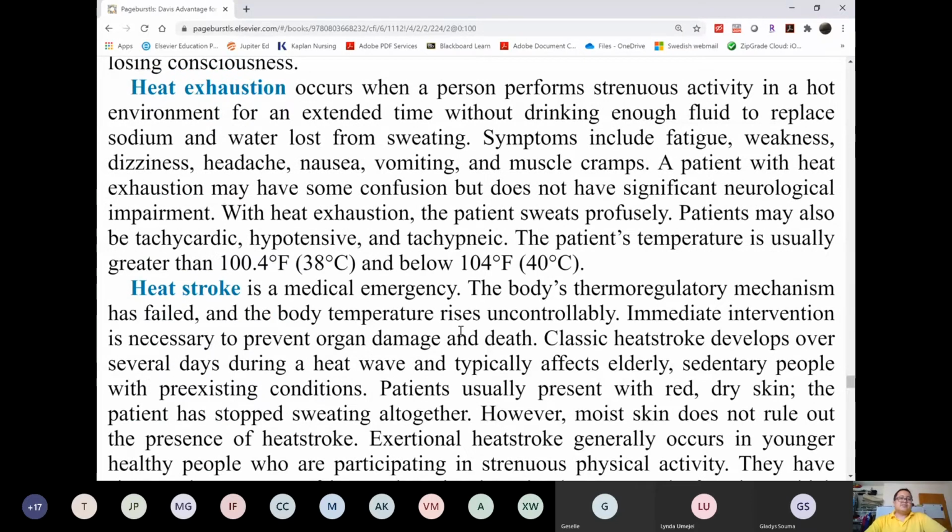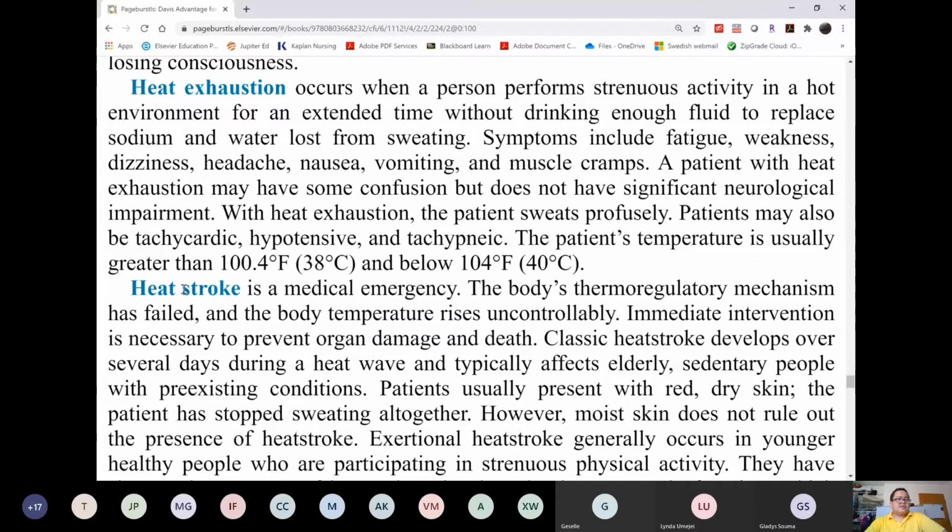So most of our patients will have either heat exhaustion and or heat stroke. Most heat strokes will start with heat exhaustion first. So if not treated, the patient will go into heat stroke, either because they don't have access to liquids, to fluids, or they're not removed from the cause.